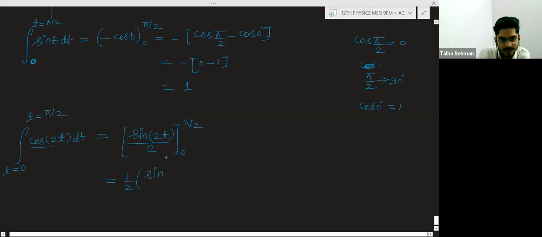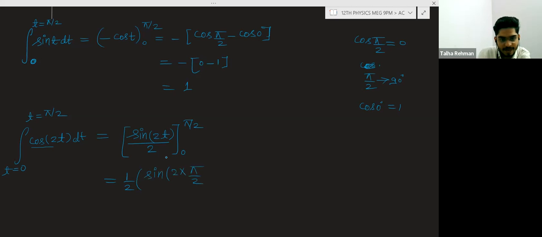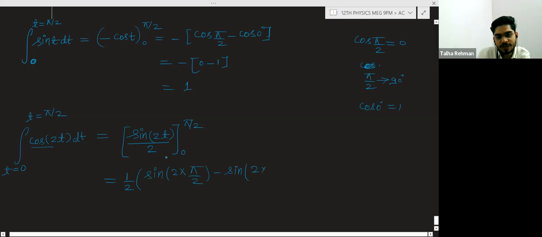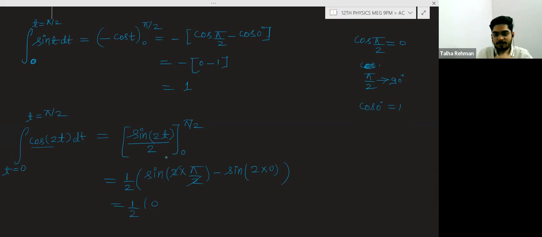So this will be sine 2 into pi by 2 minus sine 2 into 0. The half stays, and 2 into pi by 2 gives sine pi. Sine of any multiple of pi, 1 pi, 2 pi, 3 pi, 4 pi, is equal to 0, and sine 0 is 0. So your answer will be 0.